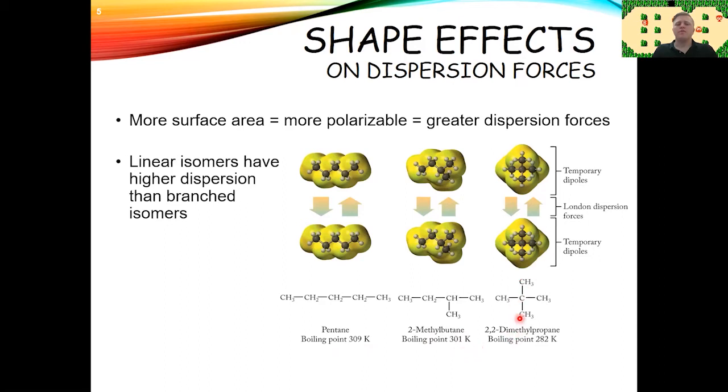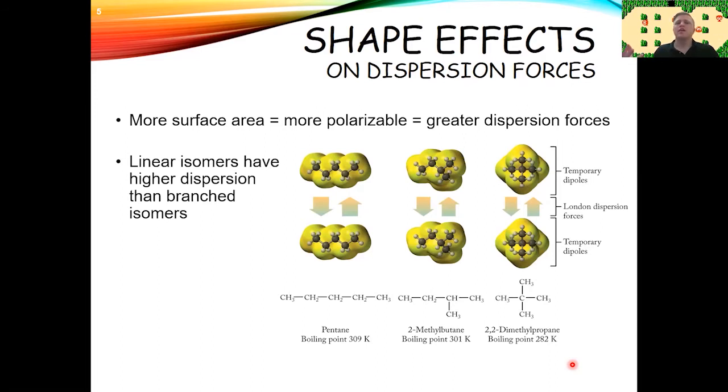And if we have 2 branch points to where we kind of have this tetrahedral geometry around the central carbon, the boiling point goes down even more to 282 Kelvin, right? So with a small molecule like this, where we've only got 5 carbons, this small branching might make a slight effect. If you have a much bigger molecule, basically these dispersion forces kind of stack on top of each other.